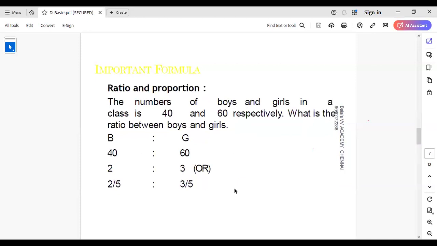So here I used a common table 20. 2 twenties are 40, 3 twenties are 60, correct? And the ratios are the least values. It is not an actual value, that is the least value. You can say some 2x, some 3x.